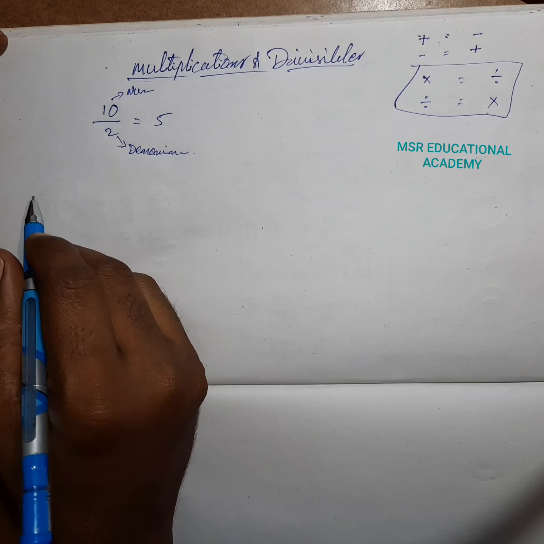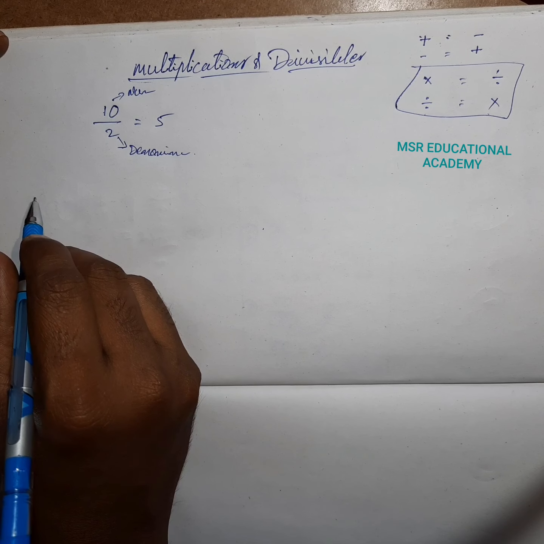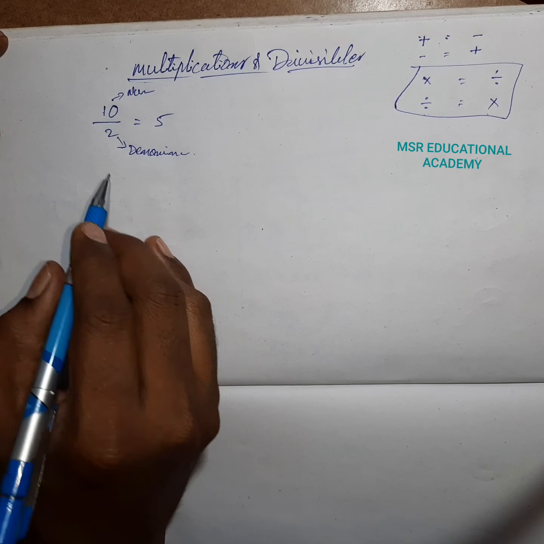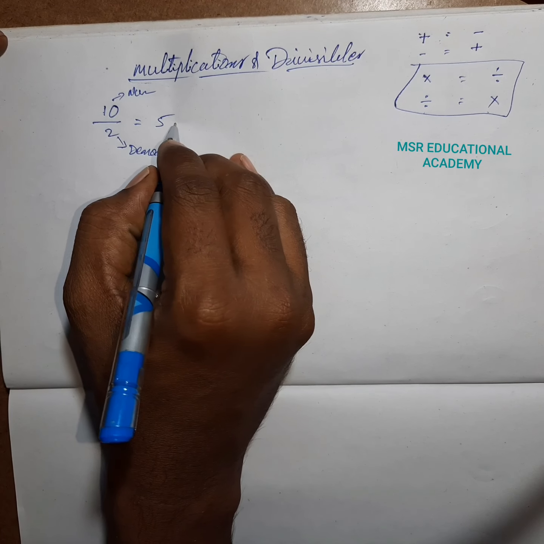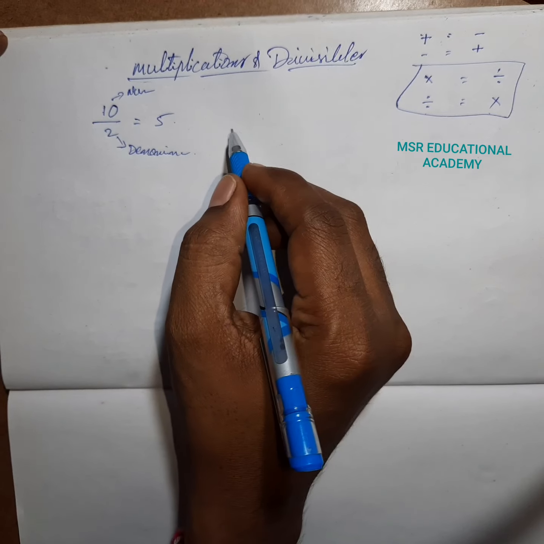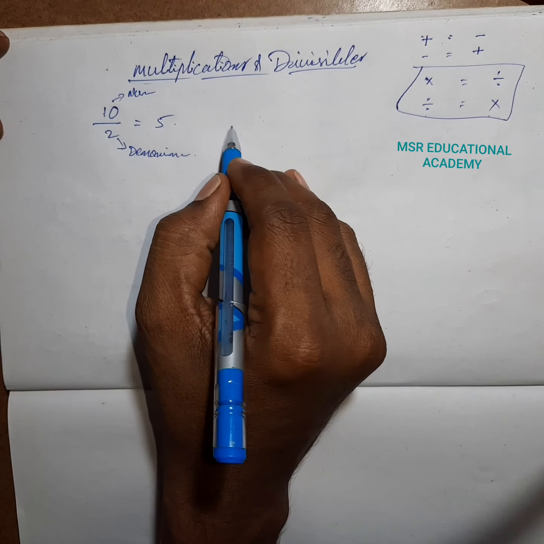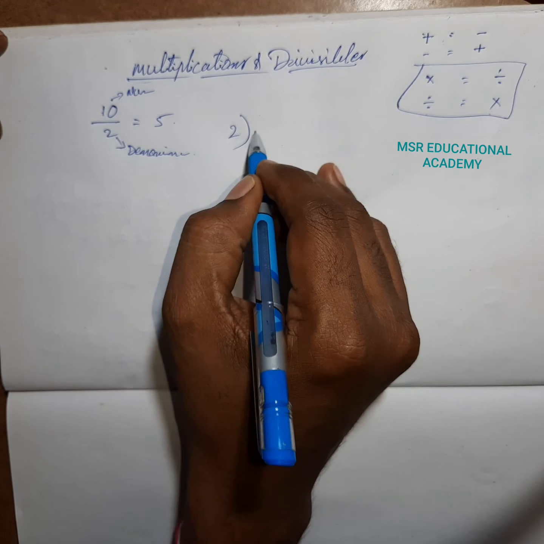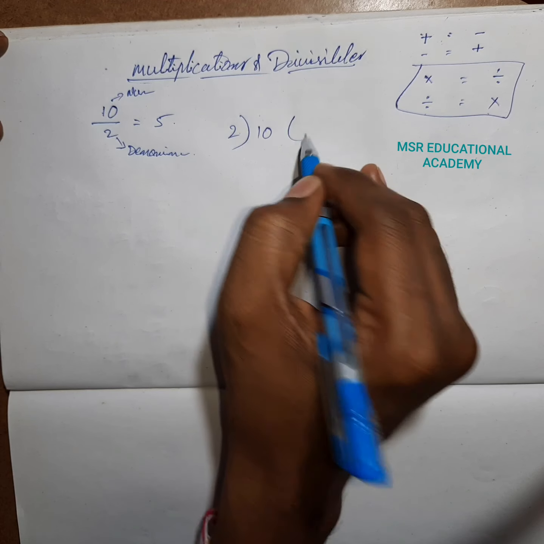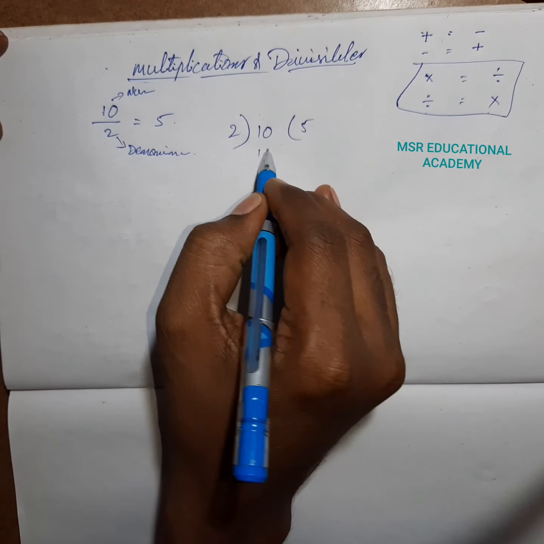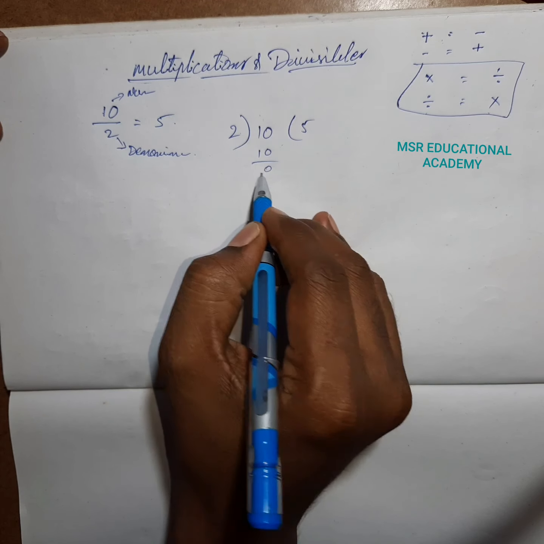Numerator and denominator. This is the value and this is the quotient value. At our school level, we can write this as 2 divided into 10, and this is the 5. Like this we can calculate it.